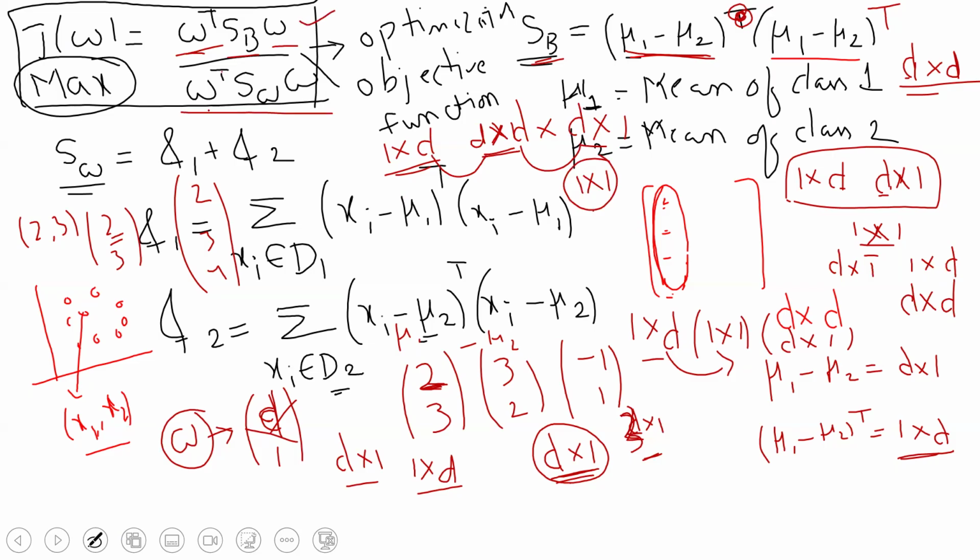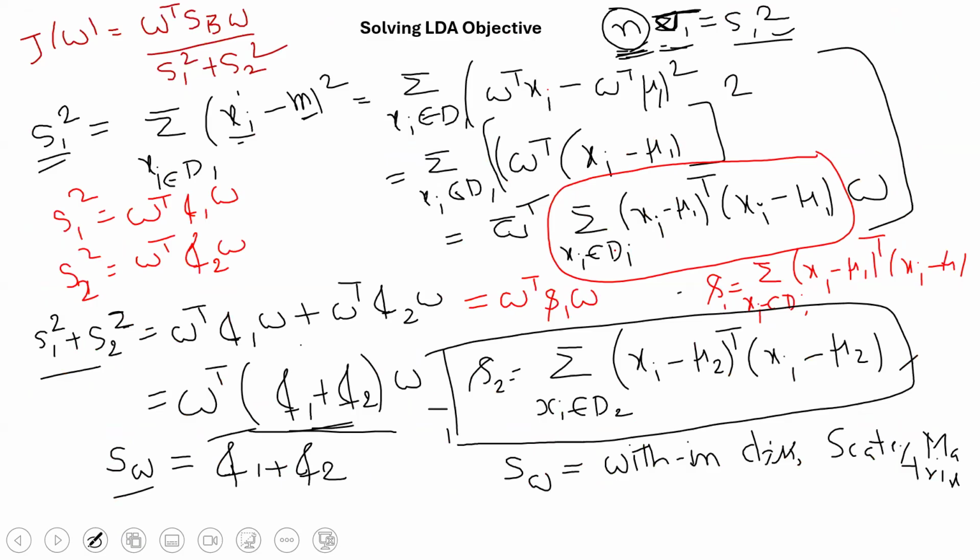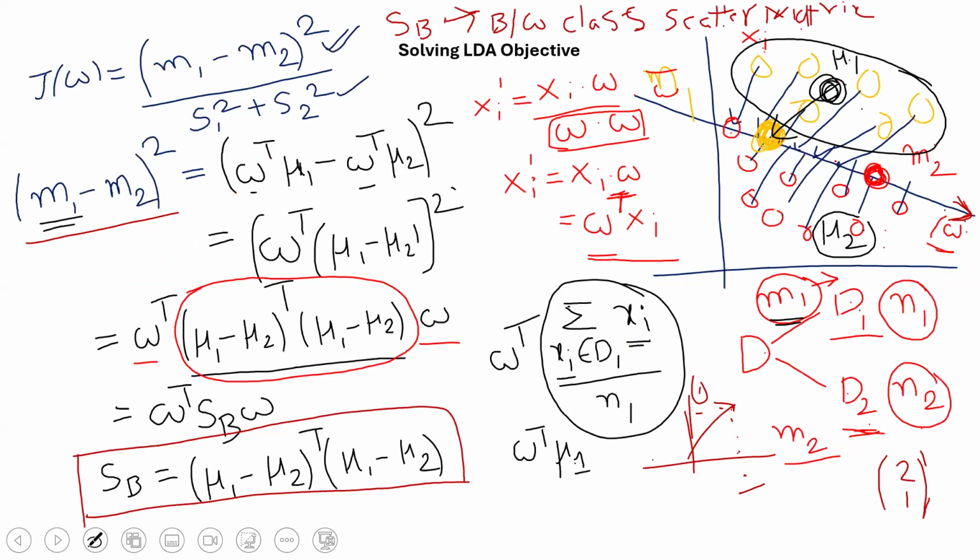The same applies for W transpose SW into W. So this has to be a d by d matrix, and for this to be d by d, the transpose has to go to the second term. These all change so that the transpose goes to the second term, because we want a d by d matrix, not 1 by d. When you're deriving this particular value, you write (mu1 minus mu2) whole square as (mu1 minus mu2) whole transpose into (mu1 minus mu2). So x square can be written as x transpose into x and x into x transpose.